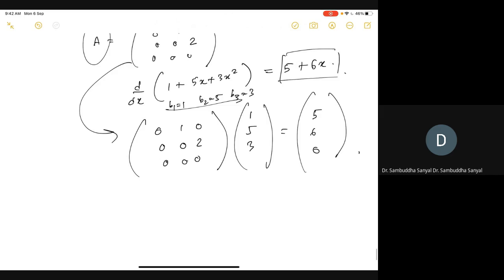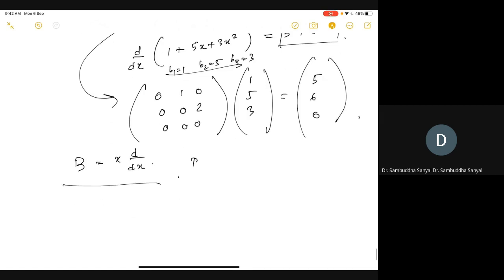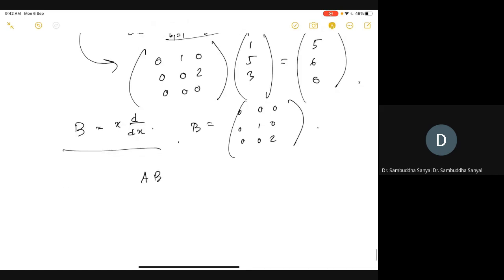Now you can do other things also. For example, let's say I have B equal to x d/dx. Then you can show that in this same basis, B is 0, 0, 0; 0, 1, 0; 0, 0, 2. Now you can check all these operations. So AB is d/dx of x d/dx. Since they are linear operators, they must satisfy this linear mapping.